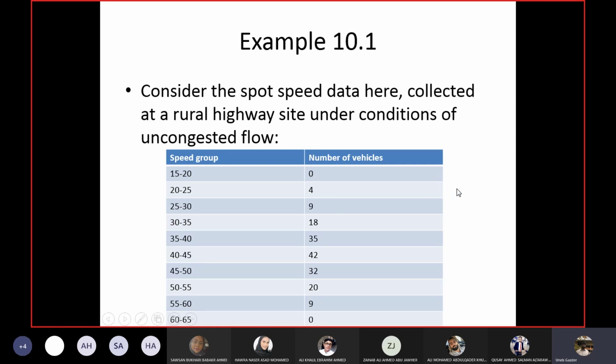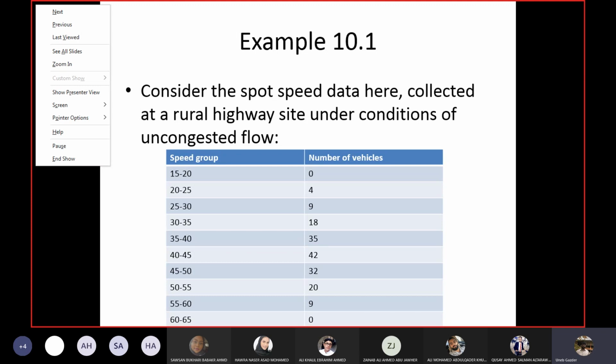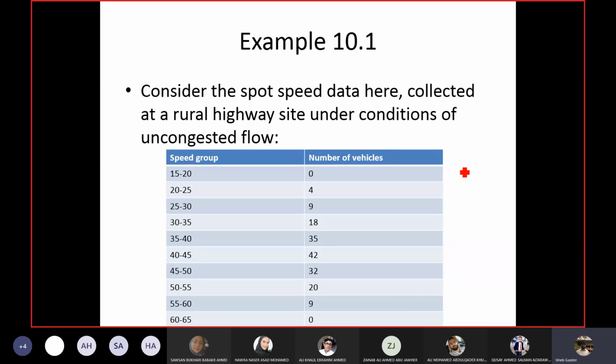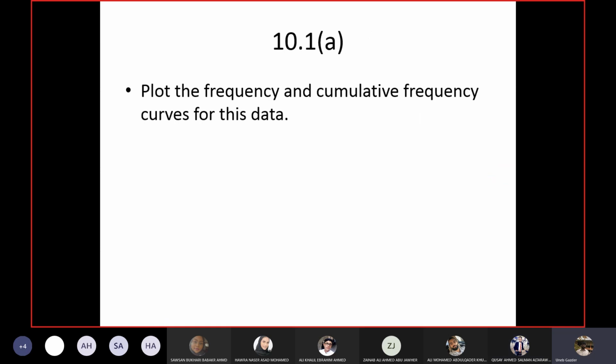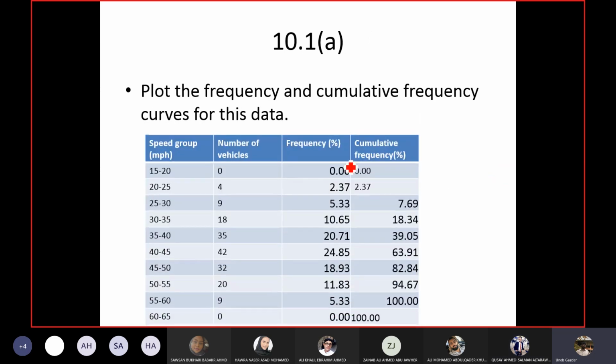For how many vehicles have we collected the data? Capital N. How much is capital N here? 169. Yeah, 169.